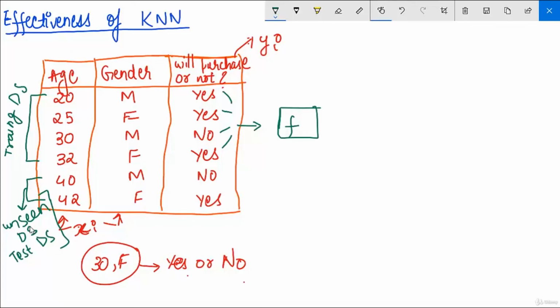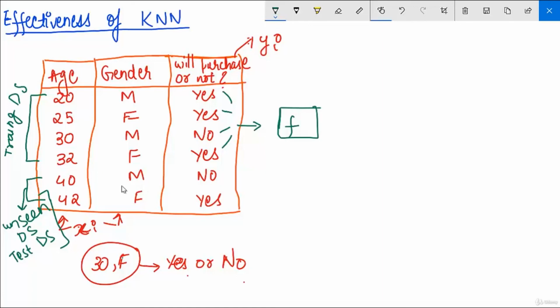Now see, I'm training with these four values. Before directly giving it a new value of 30f to predict whether it's yes or no, I already have these values.